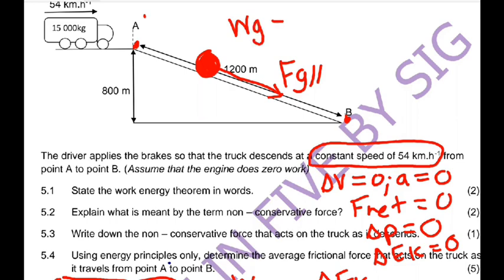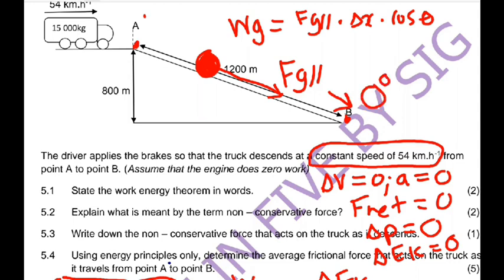So we can say the work done by gravity is Fg parallel times the distance times the cos of theta. Work formula: force, distance, cos theta. And the direction of motion is always taken as the 0 degree direction. Measure all angles anti-clockwise.